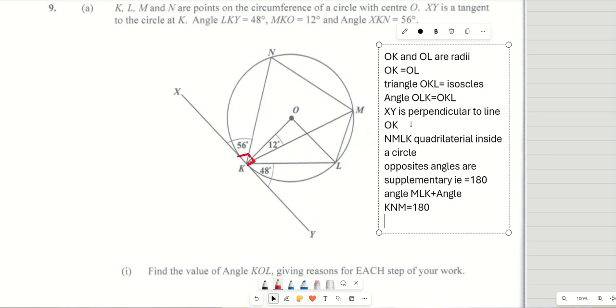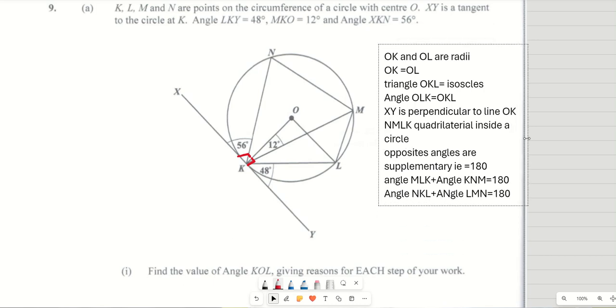We can also say that angle NKL plus angle LMN is also equal to 180. How did I get that? Let's just open this out bigger so we can see it.